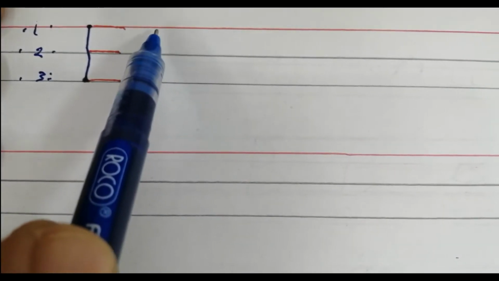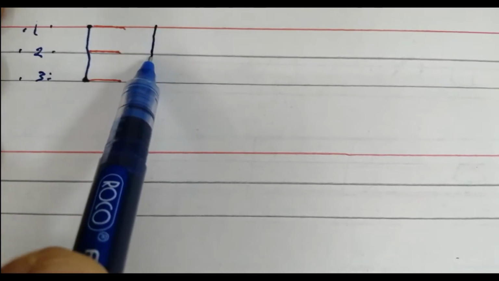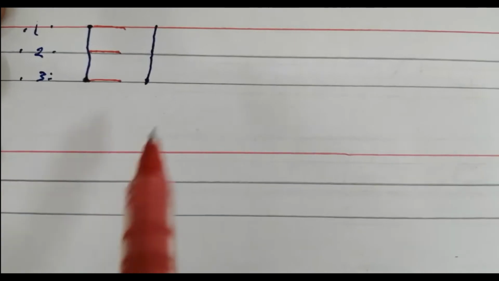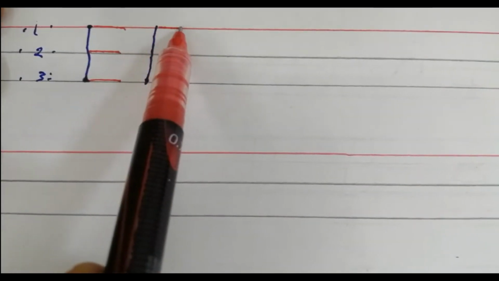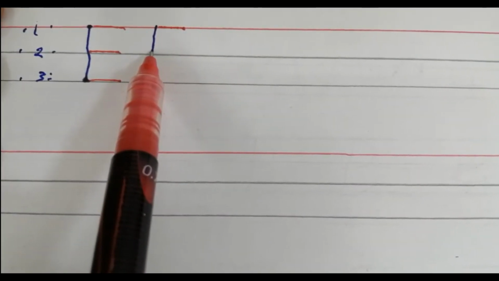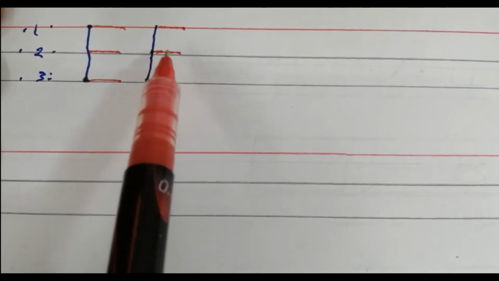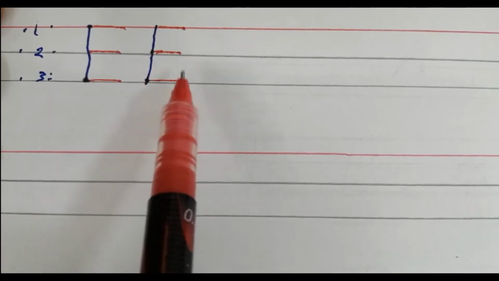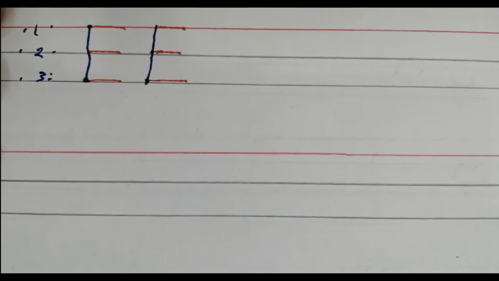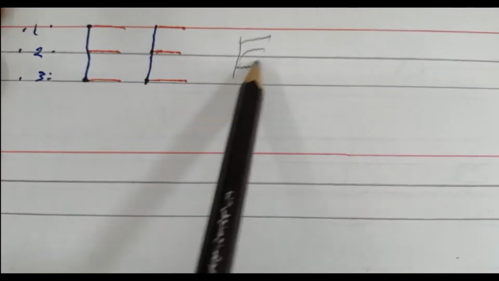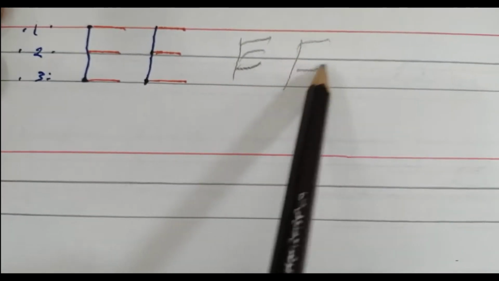Again, a falling line from line number 1 to line number 3, and a sleeping line from line number 1, sleeping line on line number 2, a sleeping line on line number 3. So it's not acceptable to write it here like that or like that.